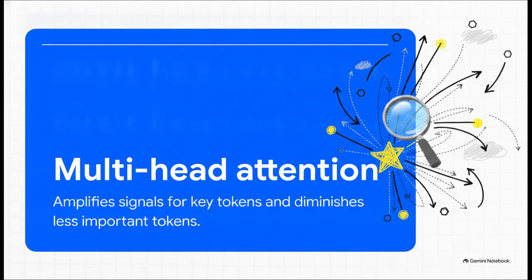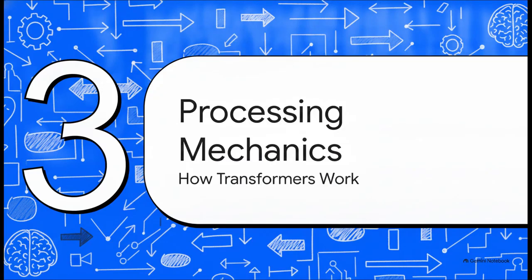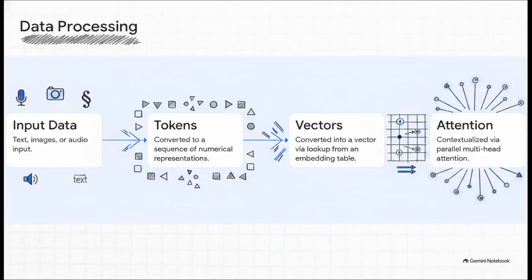less important background noise. So, let's look under the hood at how transformers actually process data, the core mechanics. Let's break down exactly how this multi-head attention turns raw, messy data into intelligent output. It's an elegant, multi-step process, kind of like a giant puzzle that allows the network to handle incredibly complex inputs. In step 1, the architecture takes in the input data.